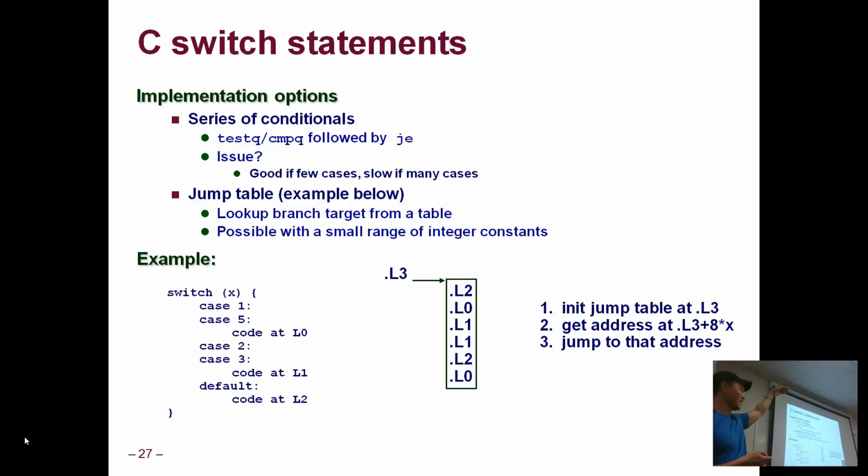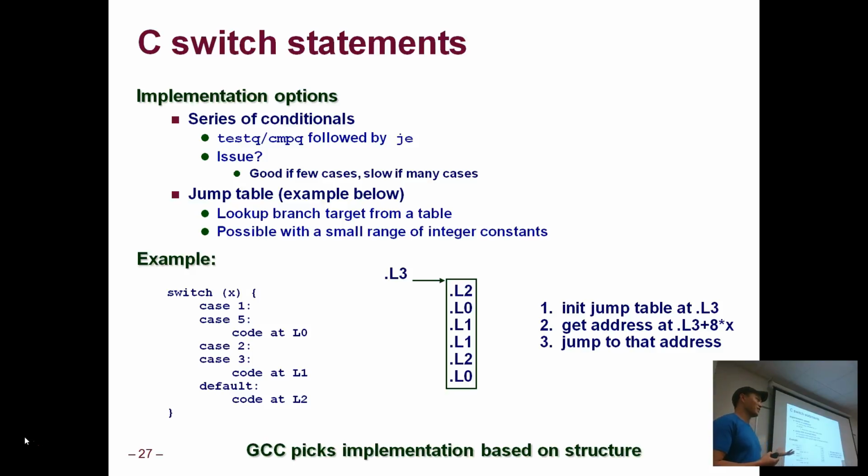Here's where the compiler has to figure this out, right? So it might implement part of your switch statement using if-then-elses and jump-equals, and then it might use a switch table or a jump table for the rest. But it's only going to work if the range of labels is small, because then you have a small jump table. That's the key.